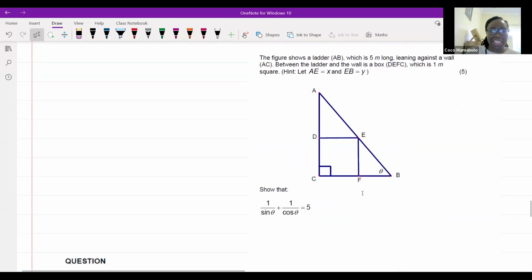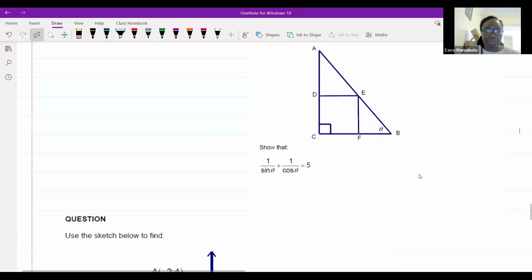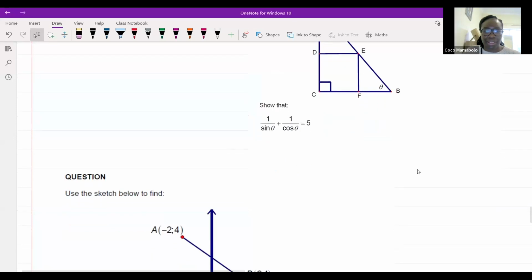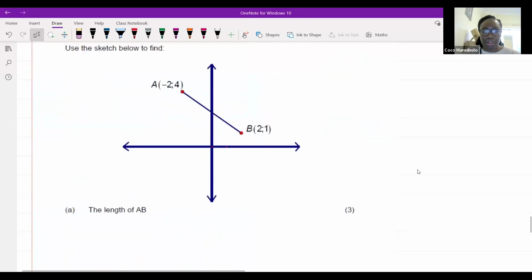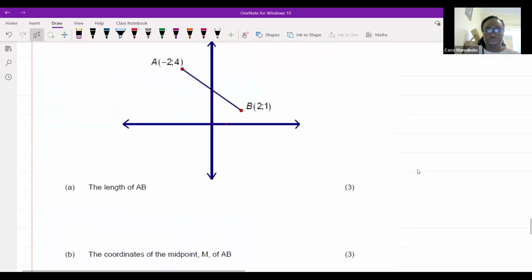Okay, I'm giving you 5 seconds. Come on. 5, 4, 3, 2, 1. Okay, I'm moving. I'm moving. Square root of, okay, yes, correct.